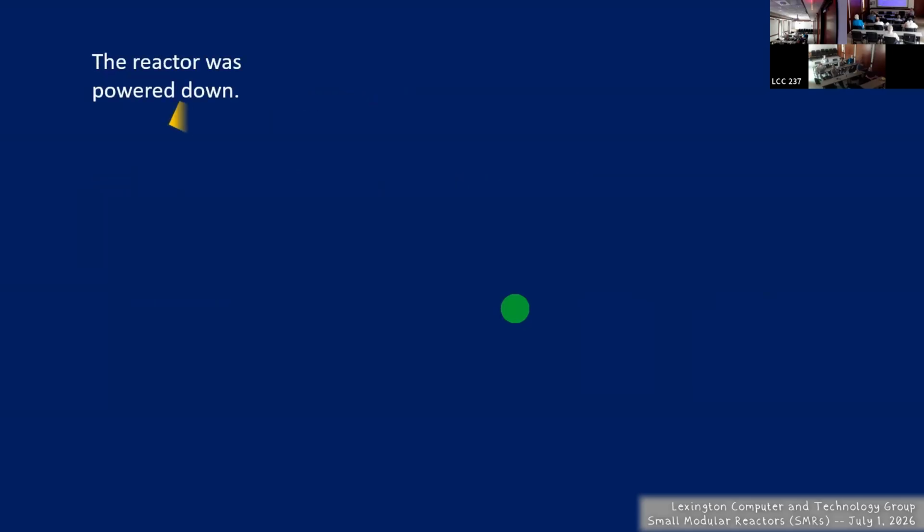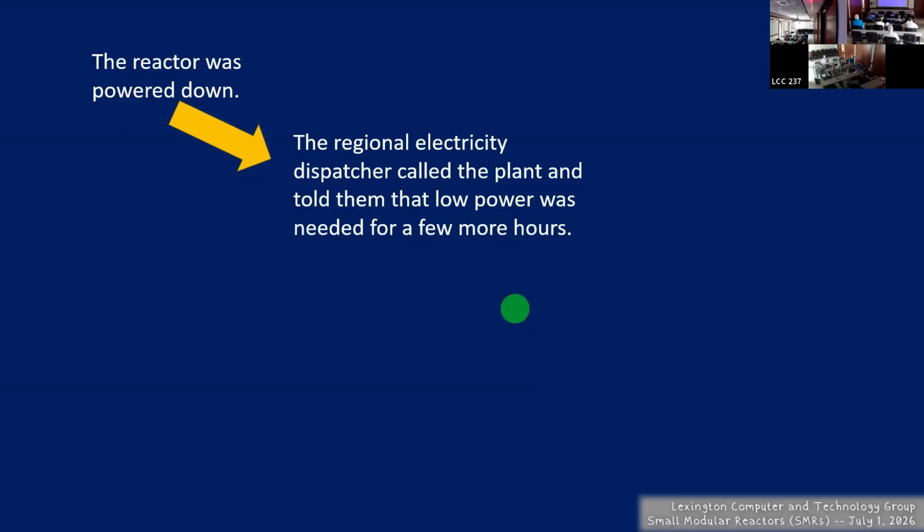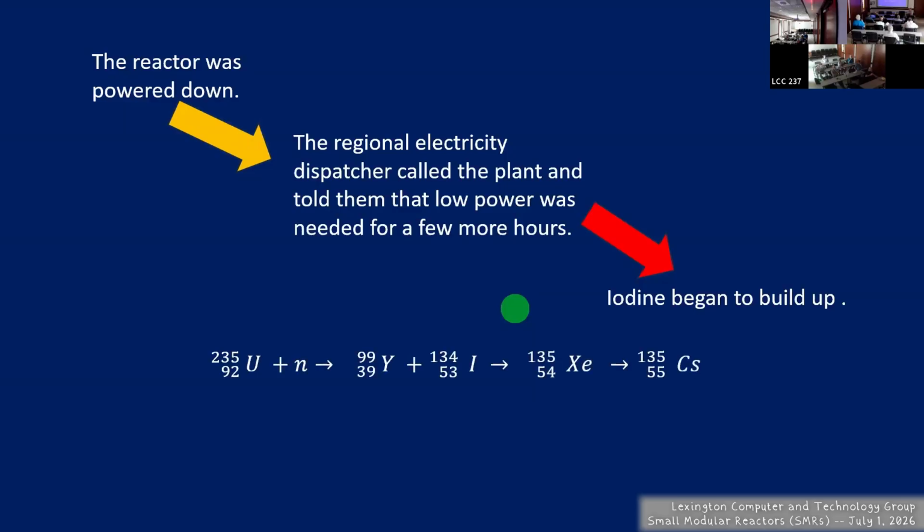Now, this is where you get into the cultural part. The reactor was powered down, but the regional electricity dispatcher called the plant and told them that low power was needed for a few more hours. So iodine began to build up in the system because they didn't have all those neutrons flying around. So you have uranium splitting into two products, yttrium and iodine.